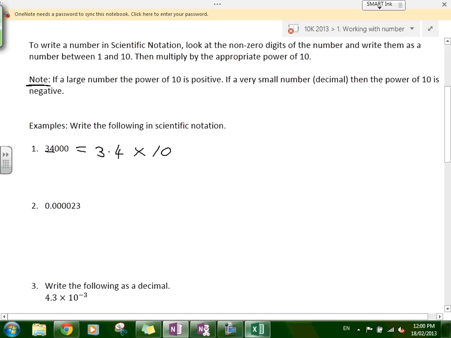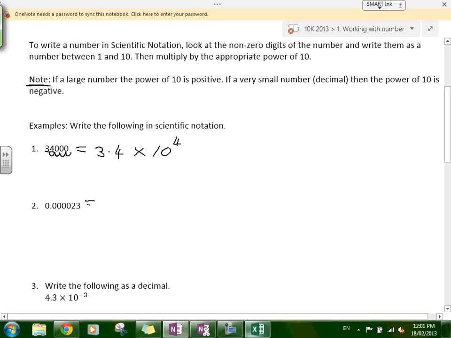So I have to decide what power of 10 to use. If I start here with 1, 2, 3, 4. So we're moving to the right, so it's 10 to the power of 4. Okay? So that's 34,000 in scientific notation. 3.4 times 10 to the power of 4. So I don't have to write all those zeros in.